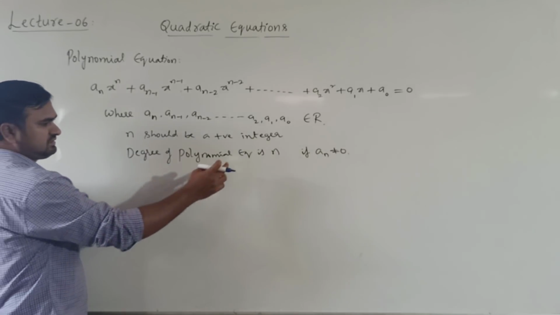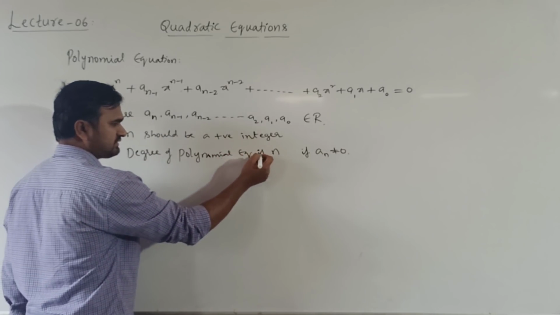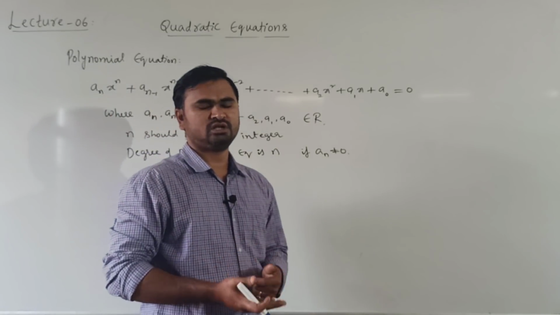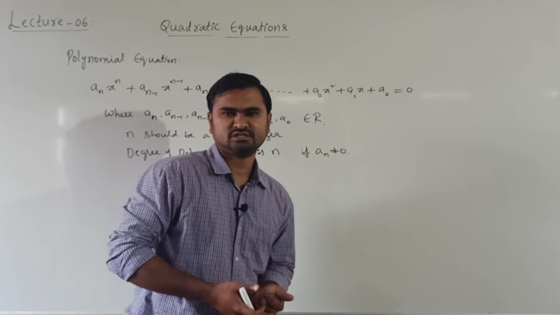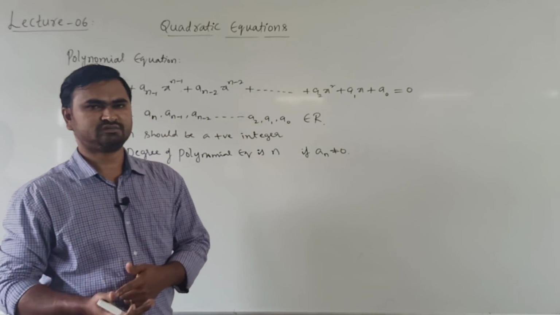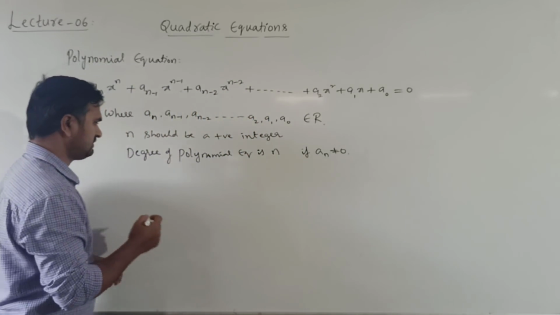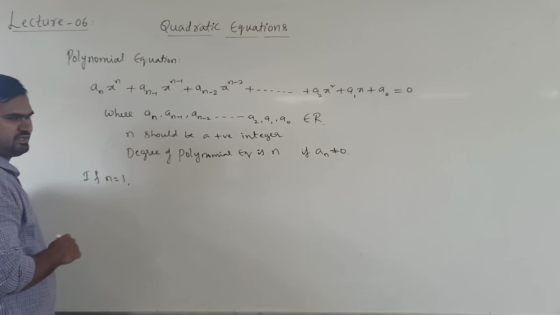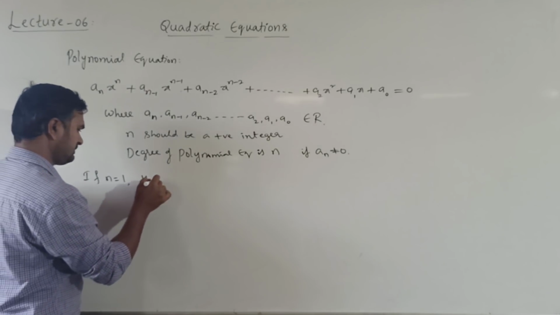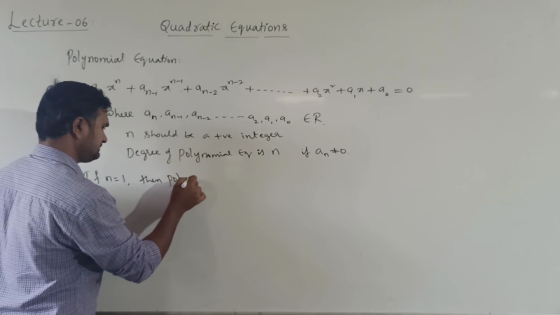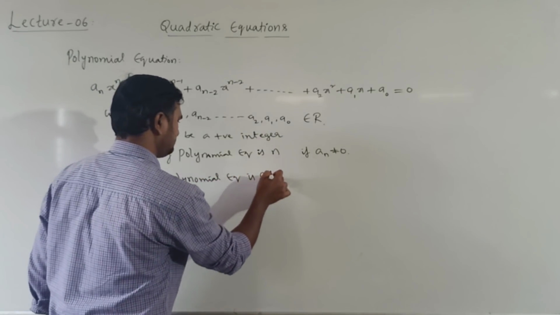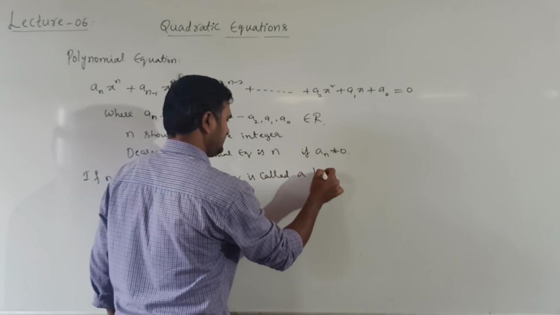Now, based on the highest power, that is the degree of the polynomial equation, we can define the polynomial equation as a linear equation, quadratic equation, cubic equation and so on. If n is 1, the polynomial equation is called a linear equation.